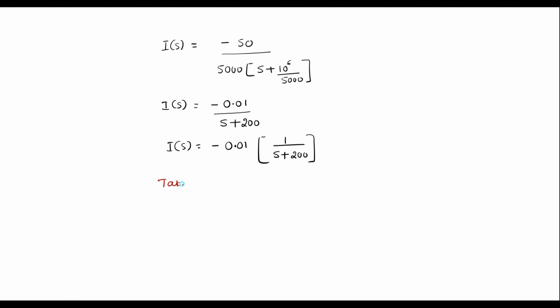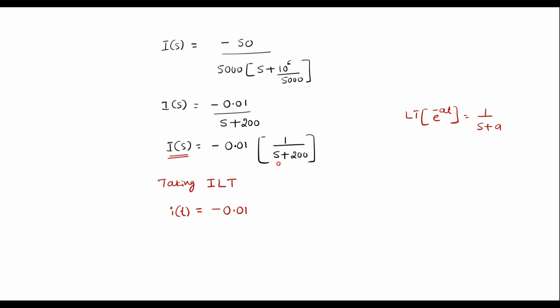So now let me take the inverse Laplace transform of this. The inverse Laplace transform of I of S is I of t is equal to, the constant is kept as it is, minus 0.01. We know that the Laplace transform of e power minus at is equal to 1 over s plus a. Therefore, the inverse Laplace transform of this will be e power minus at.